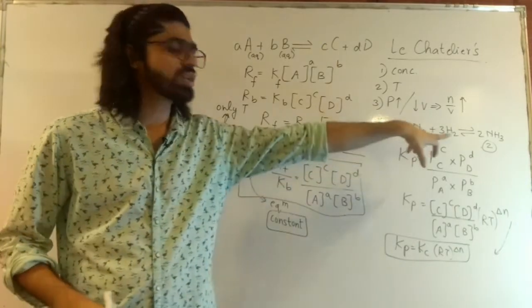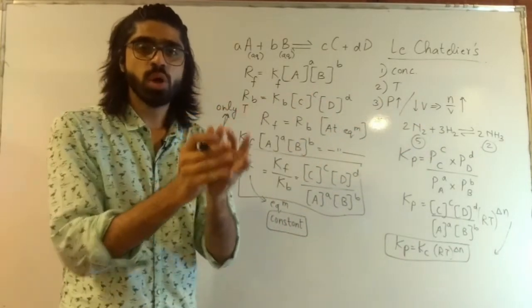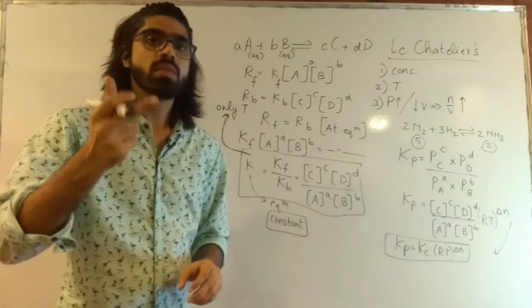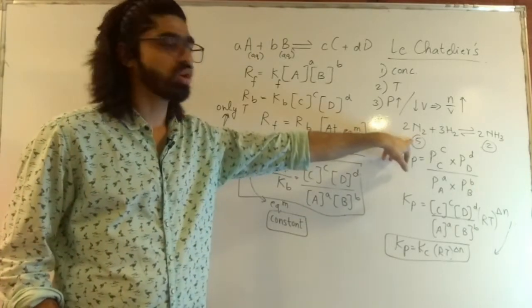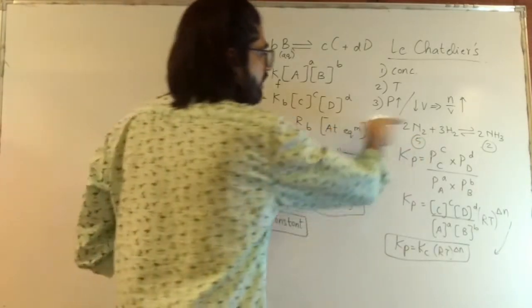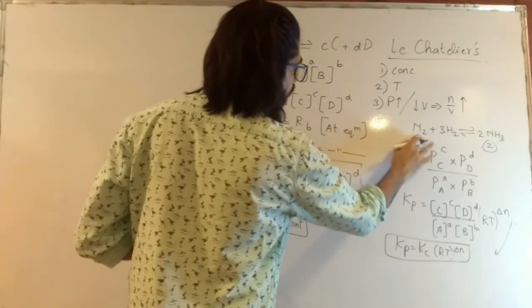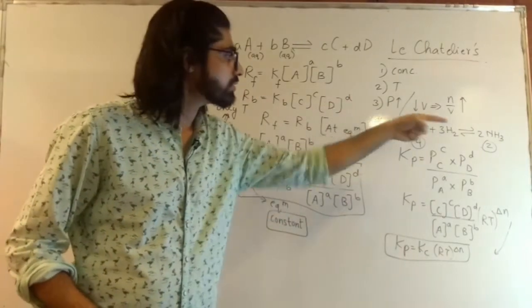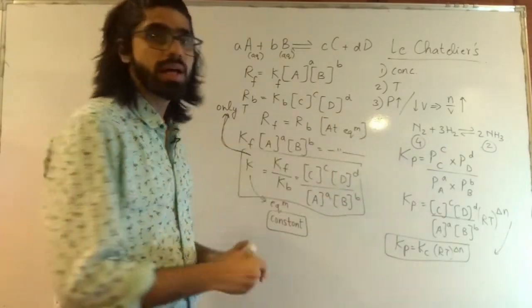Sorry, it wouldn't be 2N2, it would only be N2, so this will be 4. The number of moles are decreasing in the forward direction, and that is why the forward reaction will be favored in this example.